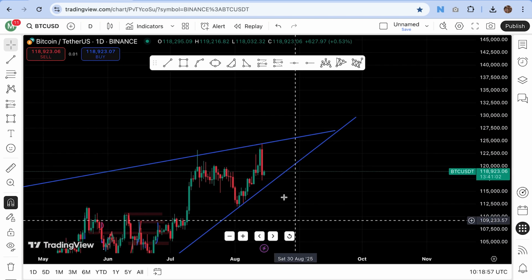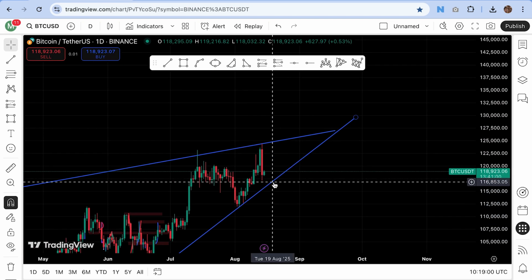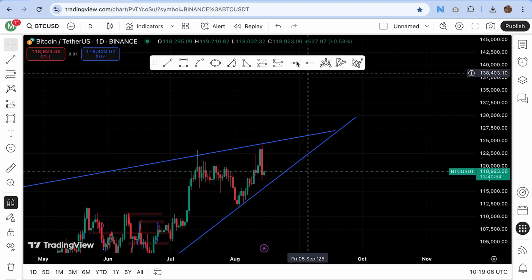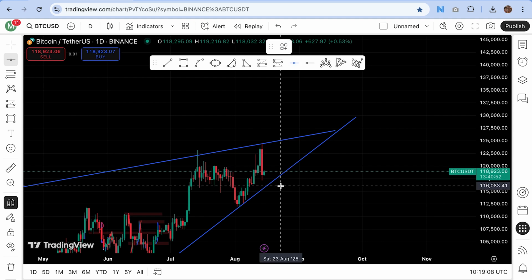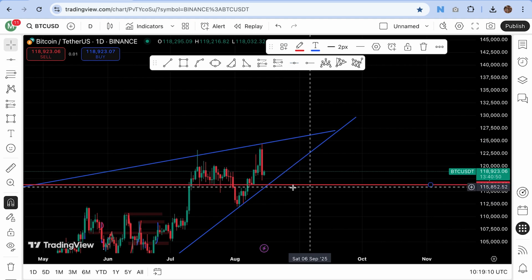If you want to trade based on the trend line, you should wait for the market to come down to this area. From here, you can take a very good trade with a small stop loss just below it.